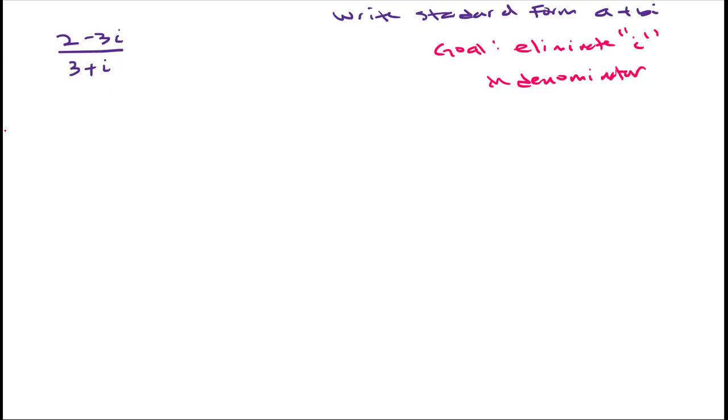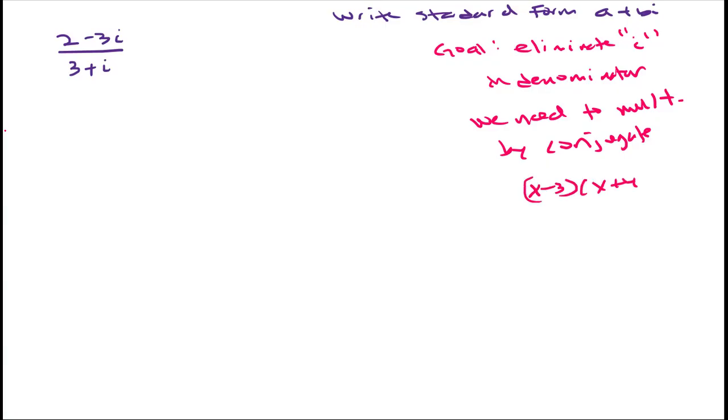So in order to do that, we need to multiply by the conjugate. Remember, the conjugate is just using the difference of squares. If I have x minus 3, the conjugate would be x plus 3.